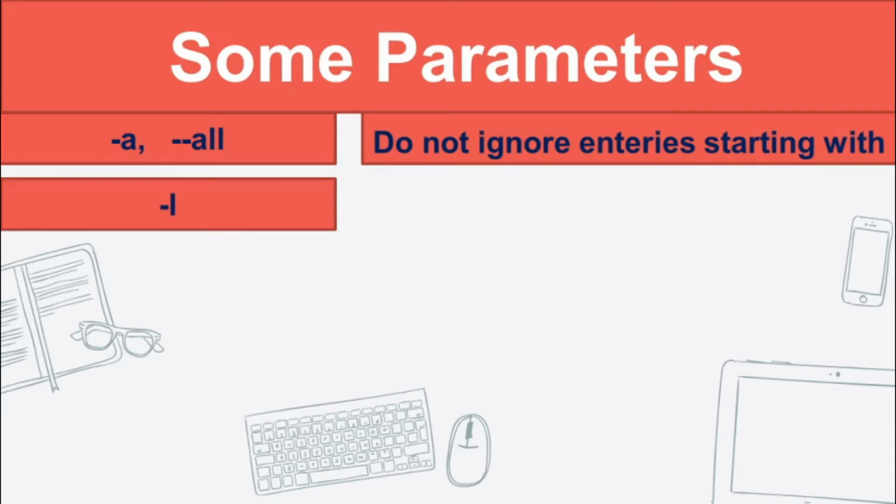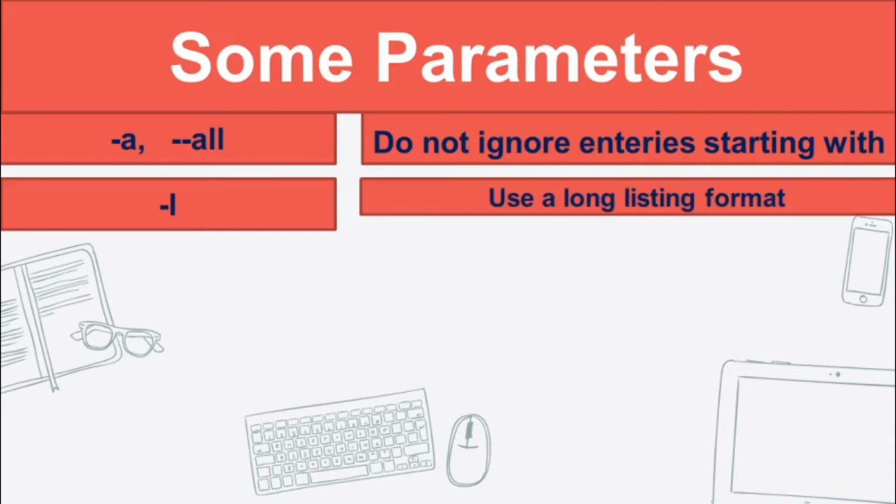Dash l uses a long listing format. It lists the content of the directory in table format with permissions, size of content in bytes, last modified date, count, owner and group of files and directories, and the name of the content.